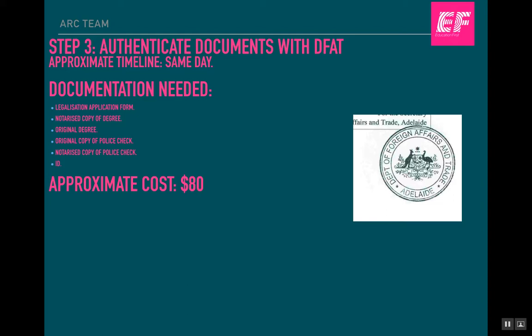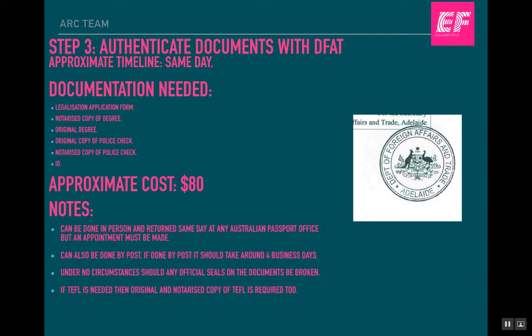The approximate cost for this stage is 80 Australian dollars. And some notes for this part. It can be done in person and returned the same day at any Australian passport office, but an appointment must be made, and that can be done on the DFAT website. It can also be done by post. If you do it by post, you don't need to make an appointment, obviously. You just send away your documents to the passport office or to the DFAT office.